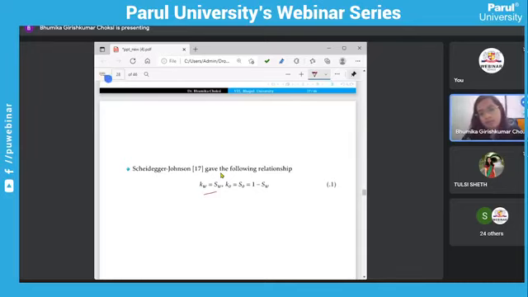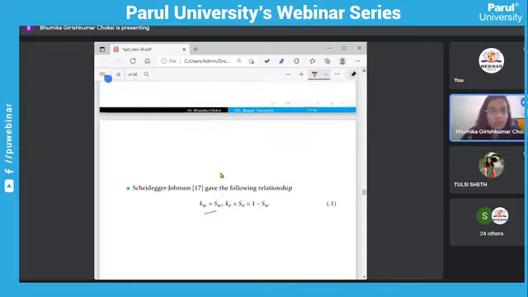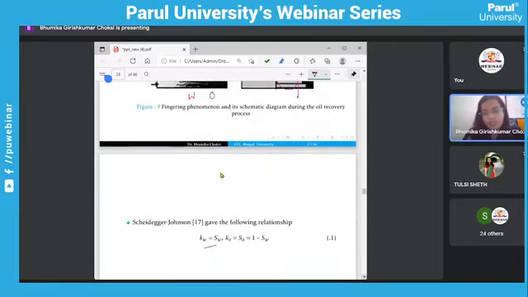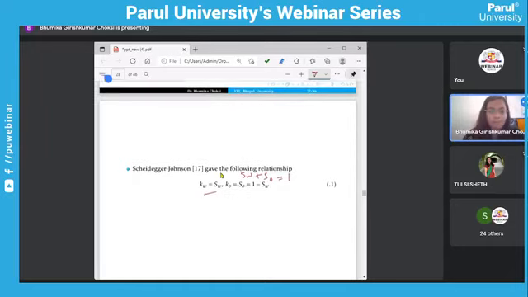And you can see here we have only a two-phase system, oil and water, so it is a fully saturated system. That's why I can write saturation of water plus saturation of oil equals 1. So again, the permeability KO is equal to SO, which is equal to 1 minus SW, given by equation 1.